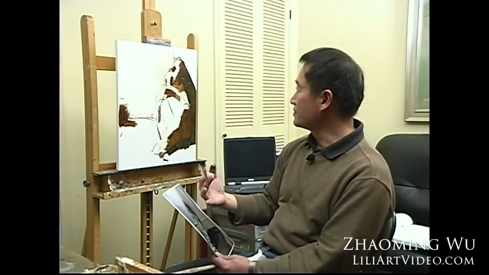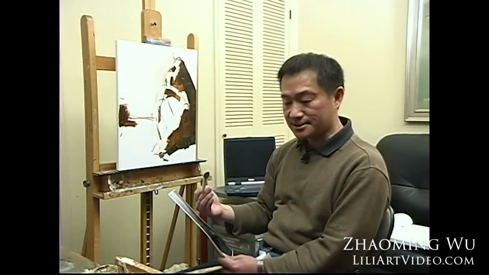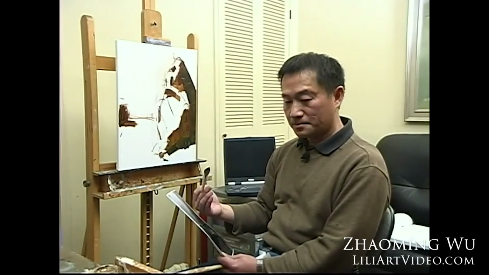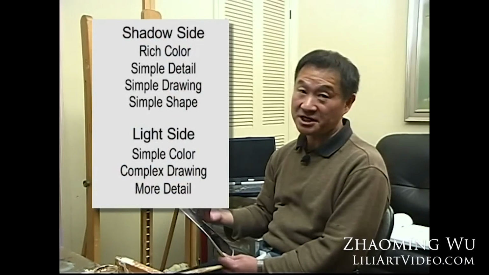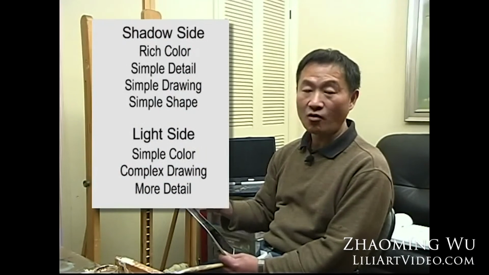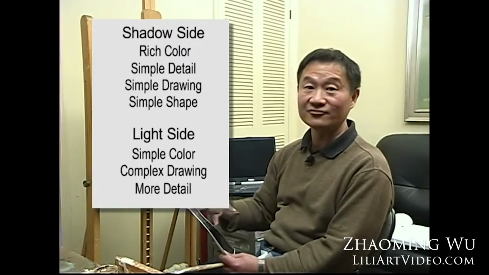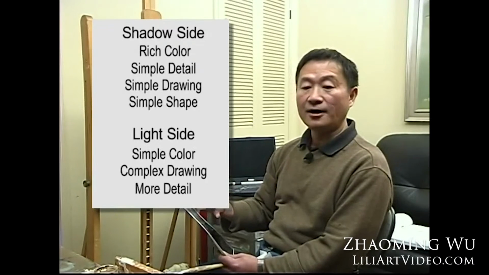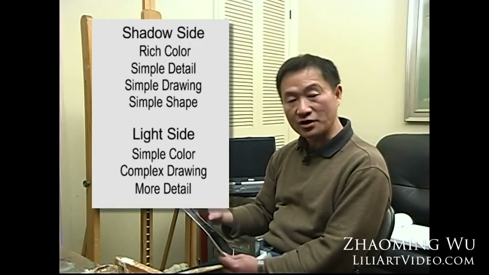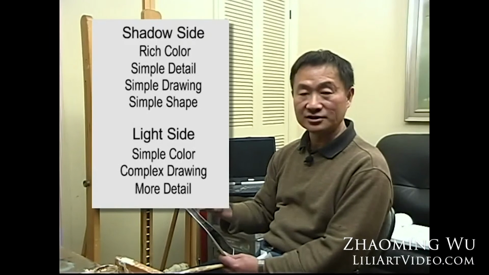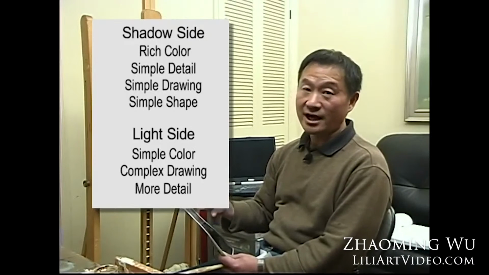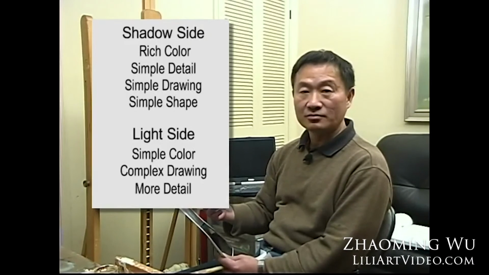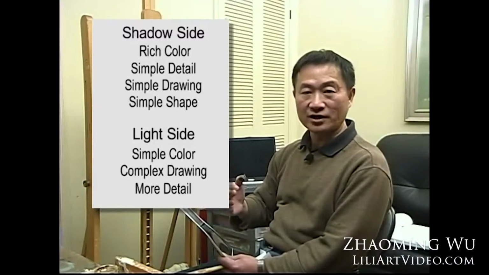The color in the shadow is kind of complicated. Normally, on the shadow side, I focus more on color rather than the drawing. So more information about the color, finding out really which color is in the shadow, but simple drawing, simple detail, simple form. On the light side, normally I keep the color simple, but really focus on the drawing and the detail.